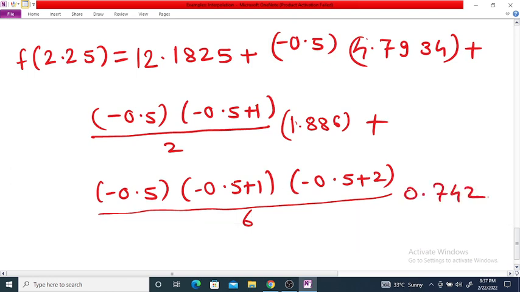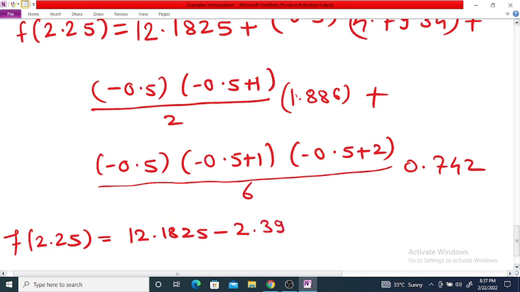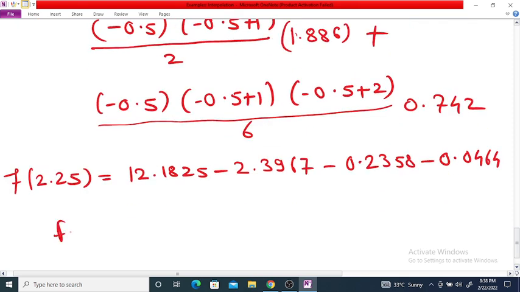If we simplify this, we get f of 2.25 is equal to 12.1825 minus 2.3967 minus 0.2358 minus 0.0464, and therefore f of 2.25 is equal to 9.5037.